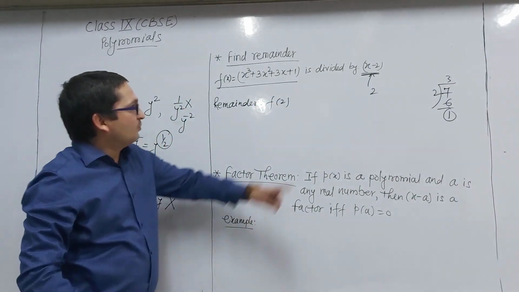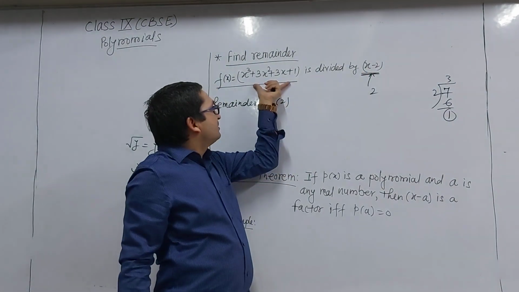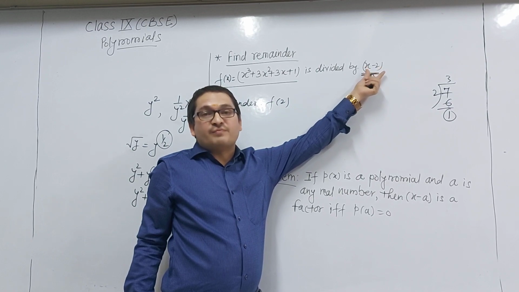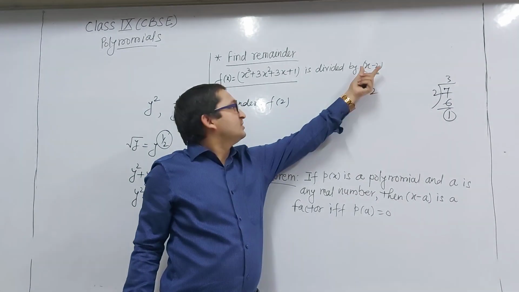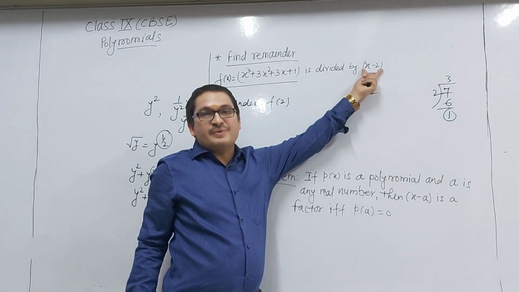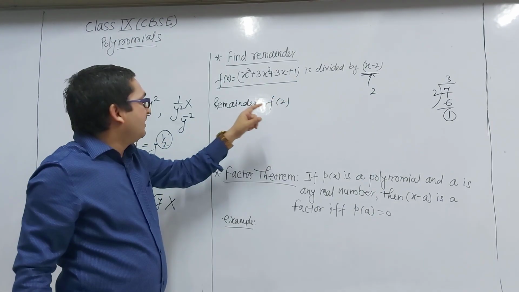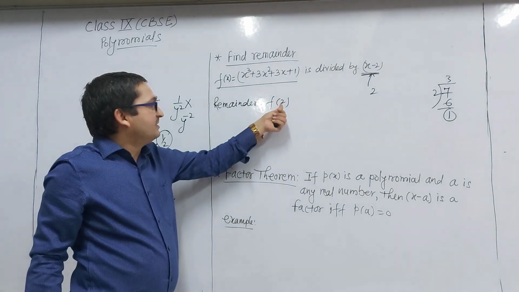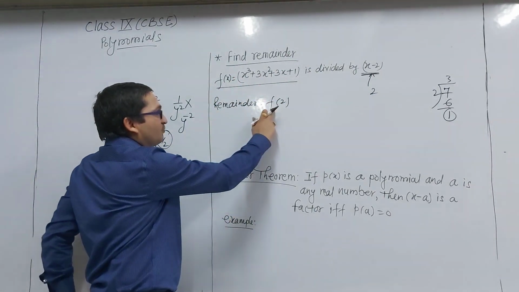Again, I am repeating: you are dividing this, this is the dividend and this is the divisor. What is the zero of this divisor? If you put 2 instead of x, this whole expression will be 0. It means 2 is the zero of this polynomial. So if you want to find the remainder, find f(2). For f(2), instead of x you have to put 2. So the remainder is f(2).